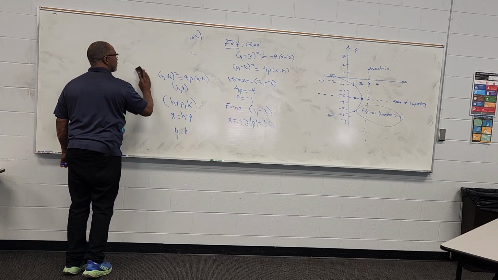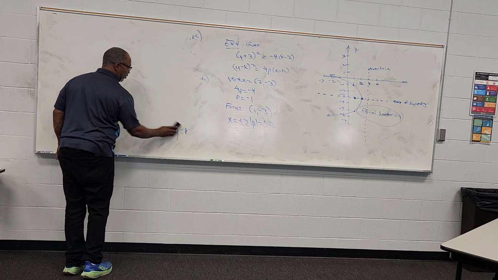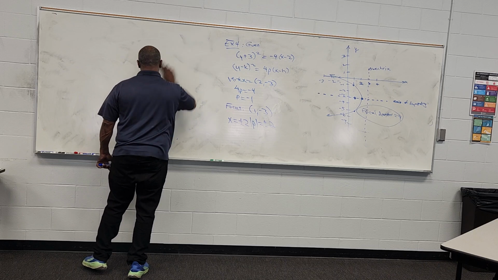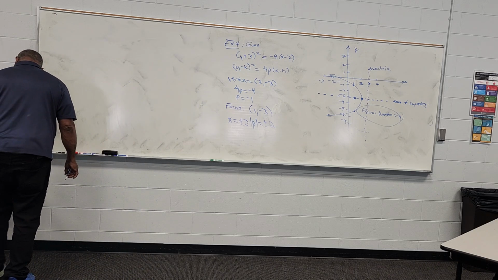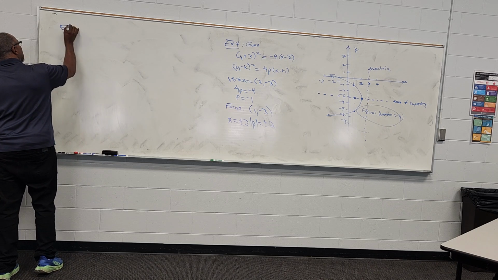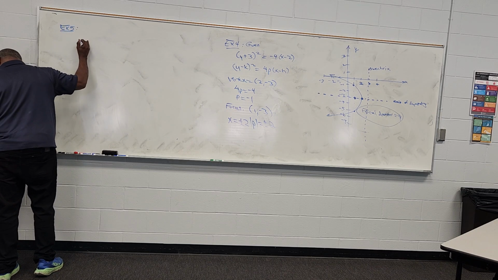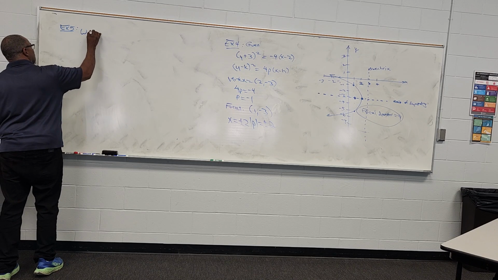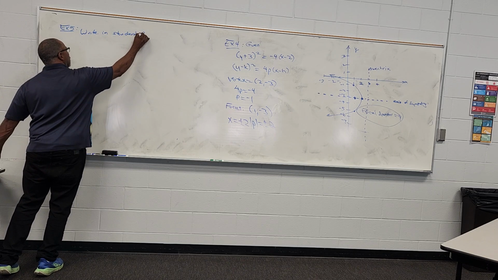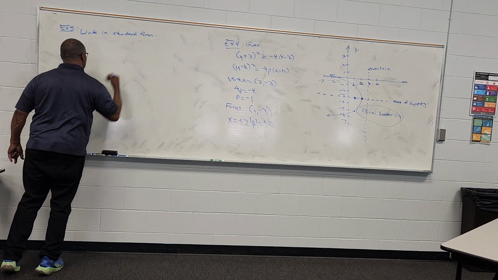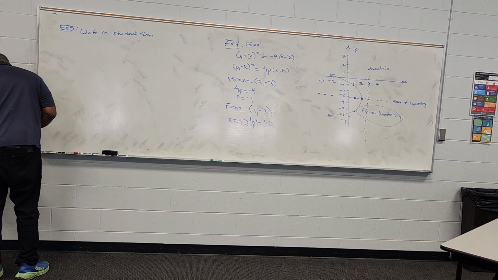Okay. Well, just like before, when we talked about hyperbolas and circles, example 5. They give us a parabola, and they say write in standard form. Because we've seen with these other geometric figures, they're not always in standard form.